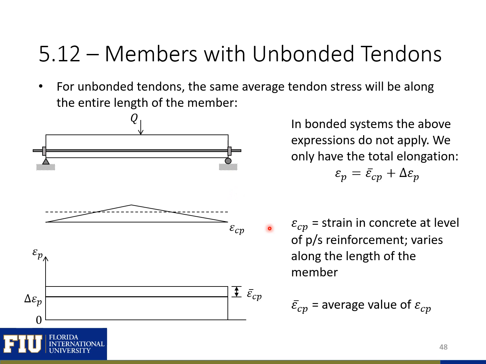And then we would need to find the average value of that strain in the concrete between the anchor points. Then the strain in the prestressing is going to be equal to that average value of epsilon CP plus our locked-in strain differential. And that value would be the strain value that we can use in the prestressing strands.